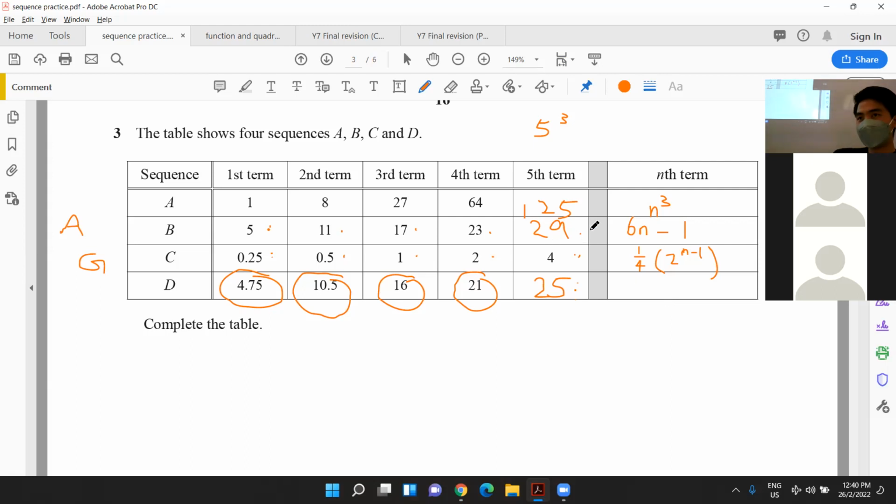This minus this minus this one. This will be the nth term for this sequence.